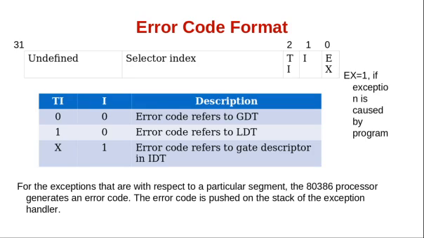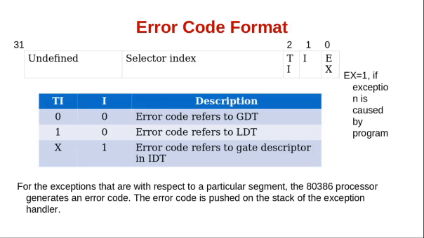If the TI and I values are both 0, then it refers to the GDT. If TI is 1 and I is 0, then it refers to the LDT, so the procedure is called from the local descriptor table. And third, if I is 1, whatever the value of TI, 0 or 1 (X means 0 or 1), then the error code refers to the gate descriptor in the interrupt descriptor table, that is the IDT.